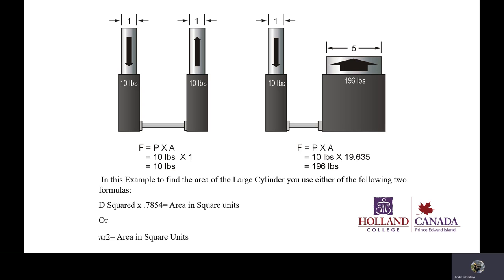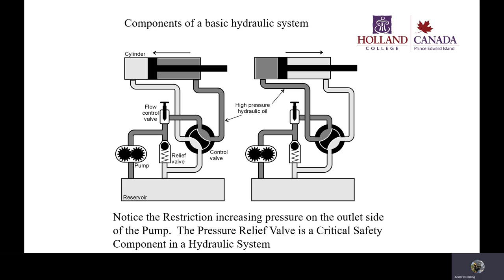By changing the area here, I have increased the amount of force by building the pressure. But again, my distance traveled will be less. So you don't get something for nothing. It would be nice if you did, but you don't. So you always have to give in order to take.